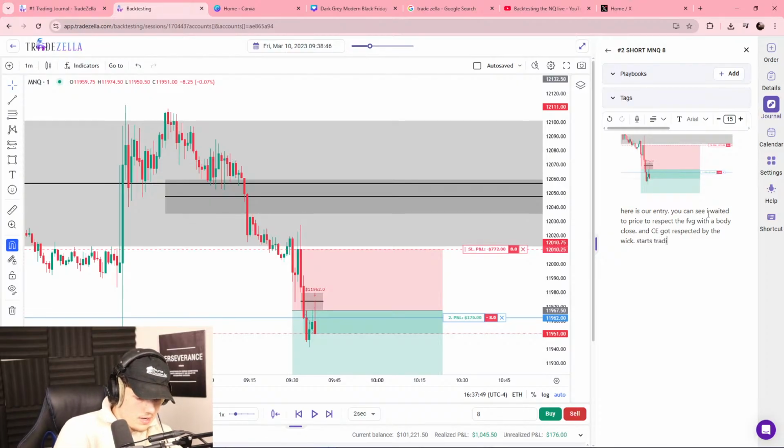Starts trading lower right away, so I'm liking this trade. But since I don't have a higher intermediate time frame PD array and just the H4, I cut risk by 25%.